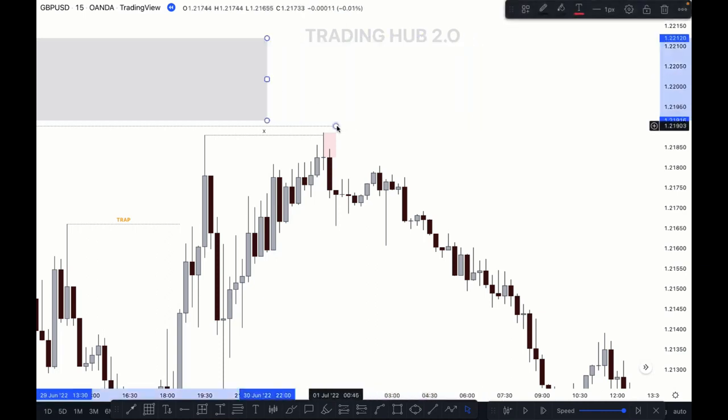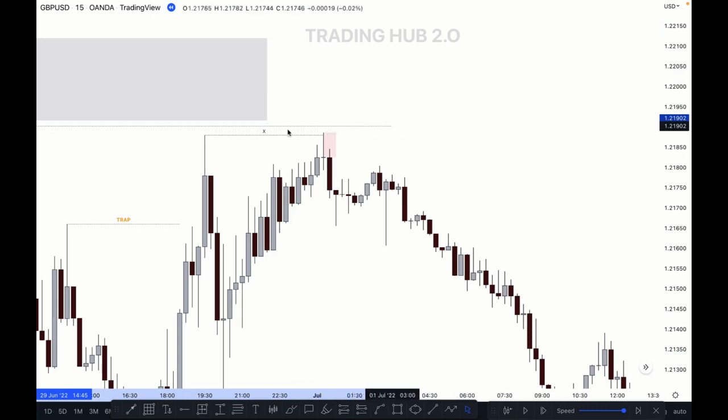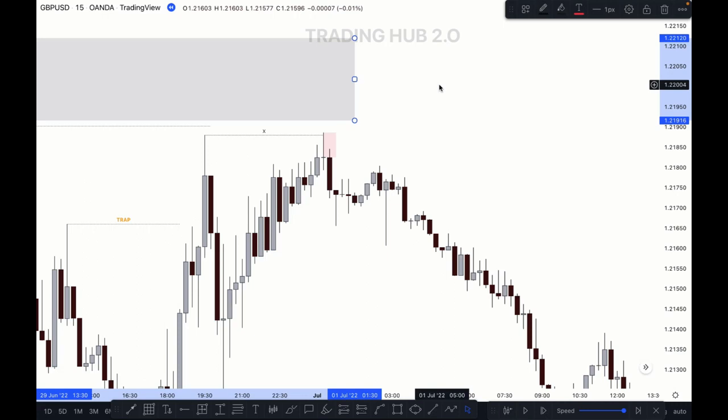This time you don't need to mitigate this supply zone, and you don't need to wait for this engineering liquidity to be taken out, correct? In this case, market already took out the sweep, took out the high, because banks don't know where your order block is, where your structure is, where your indicator is, or anything. They only care about liquidity.